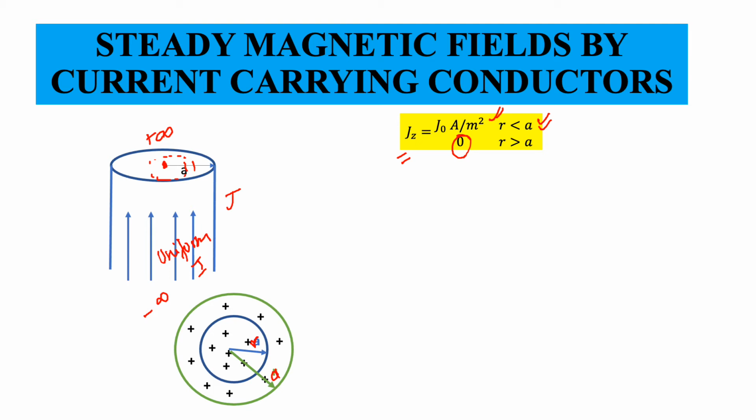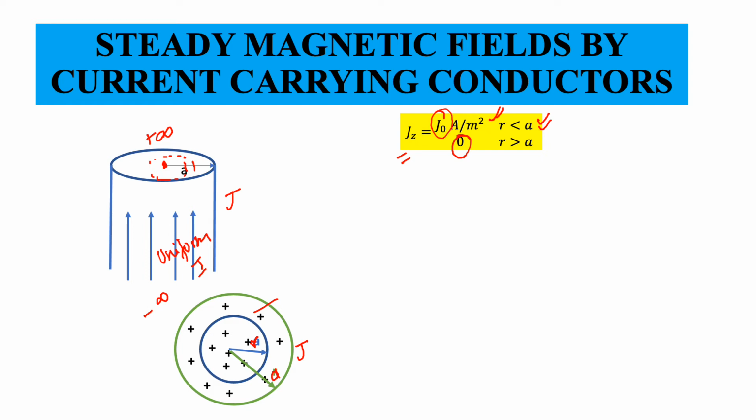Considering first the inside case, the green one is your wire, and this is not a hollow wire, it is actually a solid wire. It is completely filled everywhere, and you have a current density J that is coming out, and it would be uniform and given by J naught.